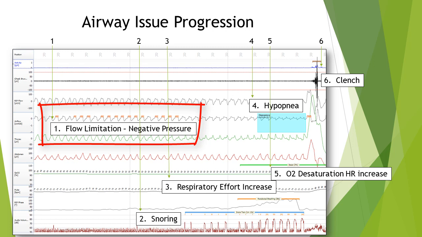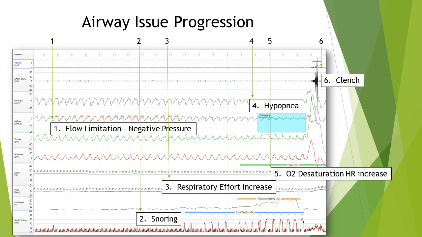And what happens here is the airway aperture at some point gets smaller, and when you're inhaling and you're expecting a certain amount of flow, because of the reduced size of the aperture, we create a negative pressure on the inside of the airway.